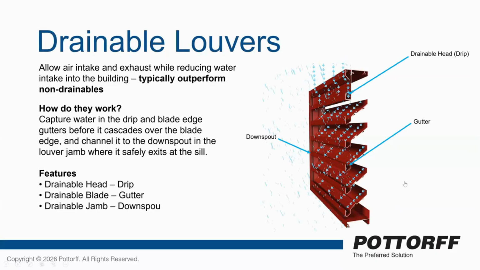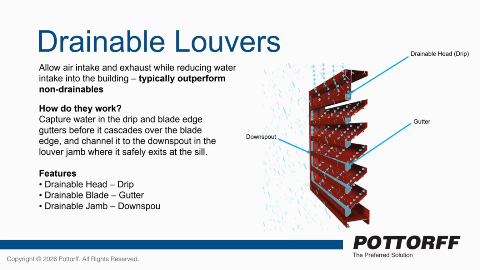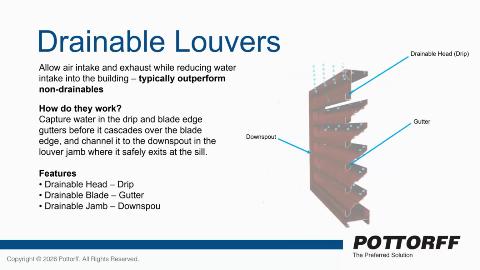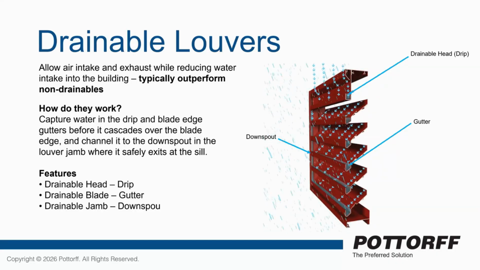So if water intrusion has some concern for you, we would typically recommend a drainable louver if you want to get a slight step up. And really what that is, as water comes down the building, what you can see right here is the gutter is going to catch the overwhelming majority of the water running off the building and channel it into the jamb downspouts or the channels there.